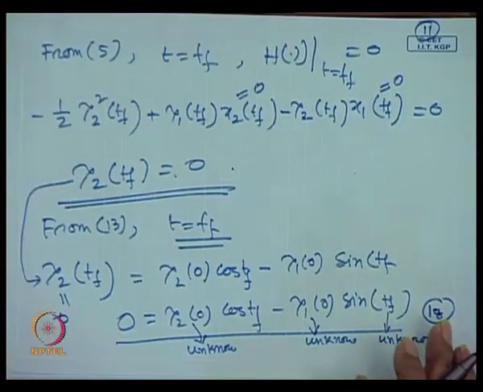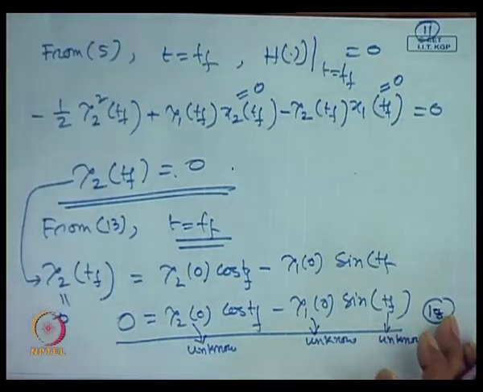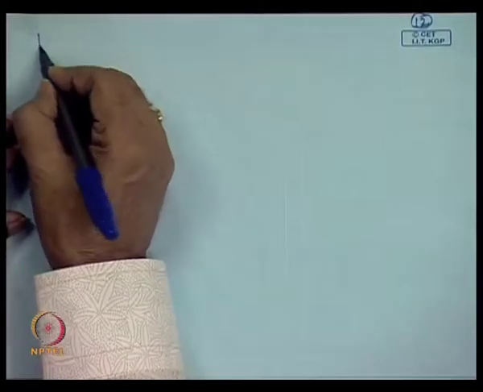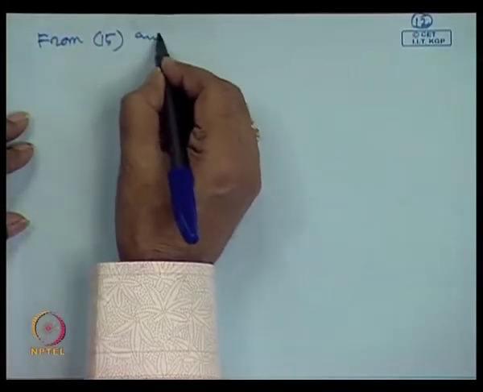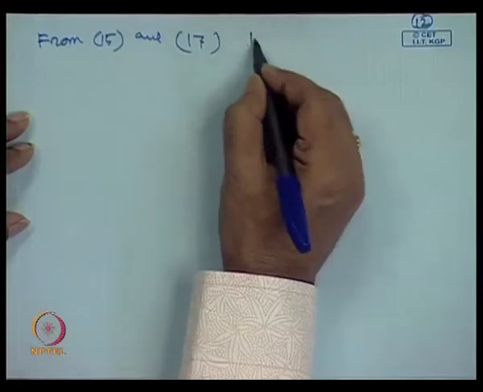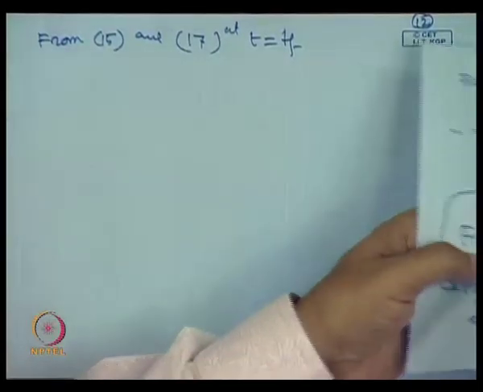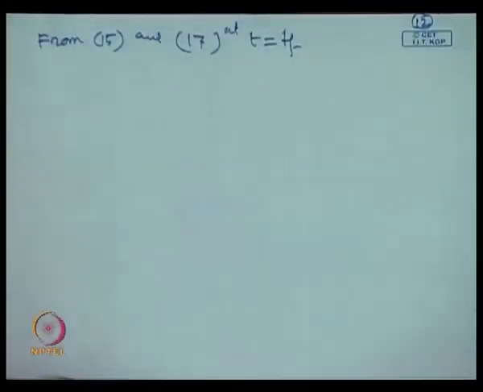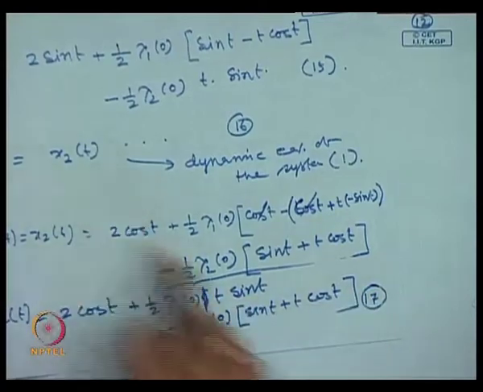Okay. 3 unknowns are there, we need 3 equations. Which 3 equations? 15 and 17, at t equal to T_f, 15 is this one, 17 is that one.